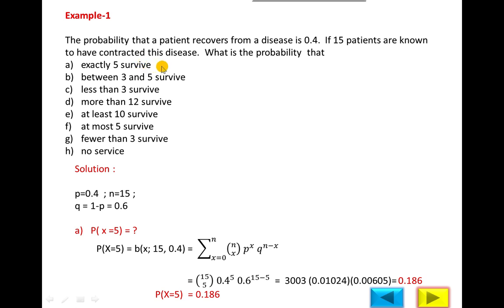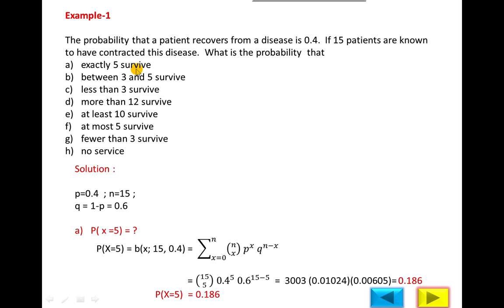First we will decide whether the outcome of the variable is a binomial variable or not. And you know that patient recovery is a success, and the outcome may be survive or die, improve or not improve. The question is to find the probability of exactly 5 survive. The patient may survive or die.